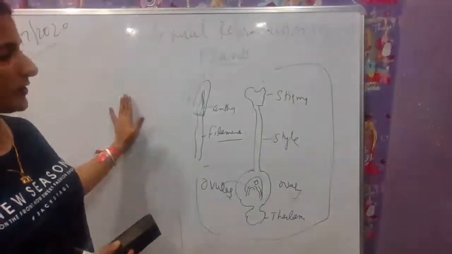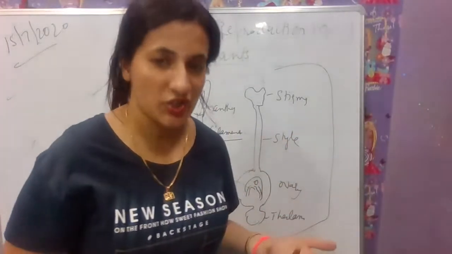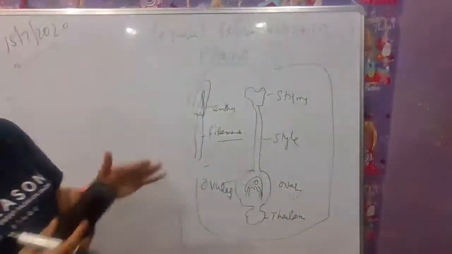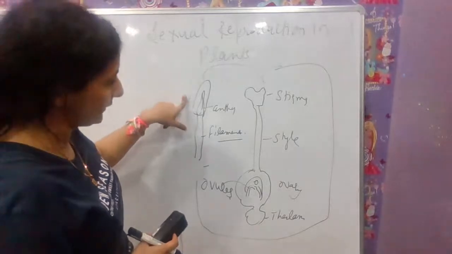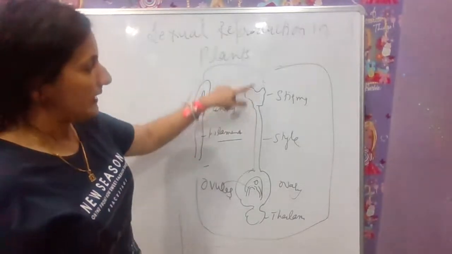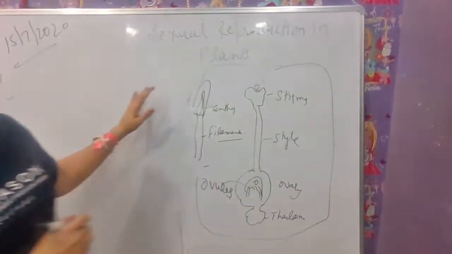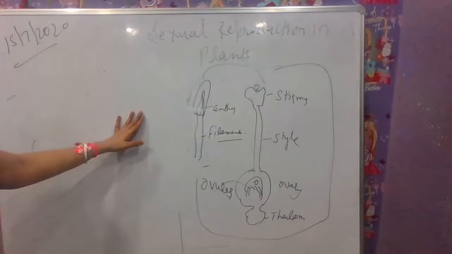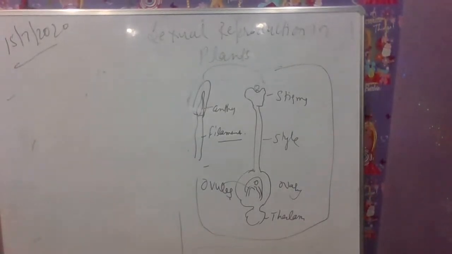After pollination, we will discuss how germination and fertilization happen. Anther releases pollen grains with the help of pollination. It will be transferred to the female reproductive part. These pollen grains get attached on the stigma.